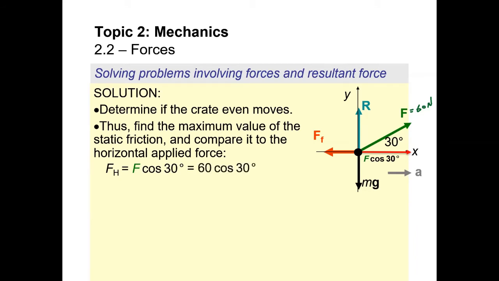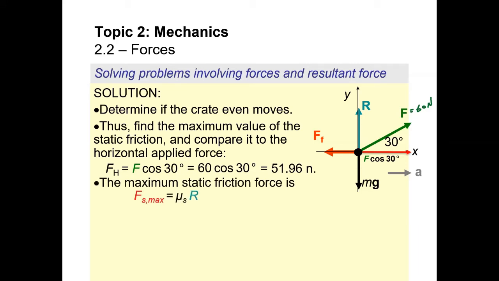Applied force is 60 times cosine 30 degrees, which gives us 51.96 Newtons. Based on our data booklet, maximum static friction equals the coefficient of static friction times R, and the coefficient of static friction is 0.75.